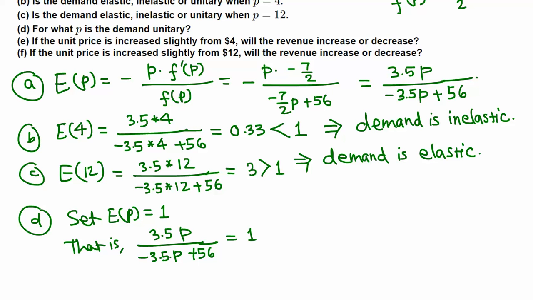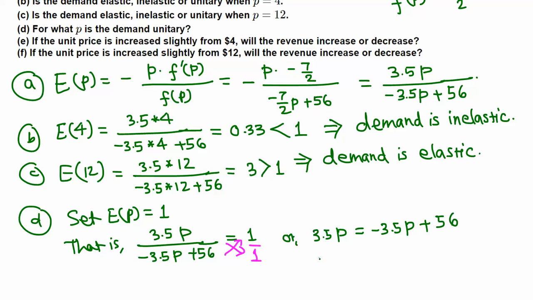Do not cancel, still it's plus. Now we need to solve this equation for p. So 1 is 1 over 1, cross multiply, 3.5 p is equal to negative 3.5 p plus 56.